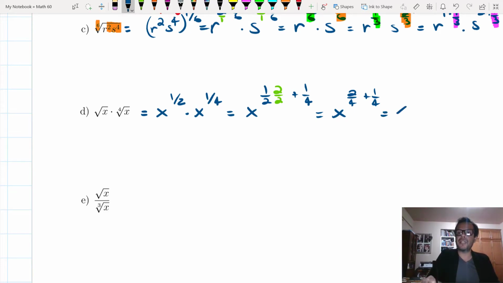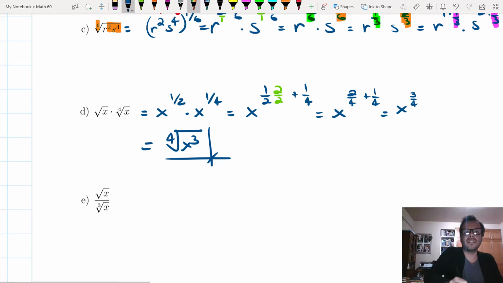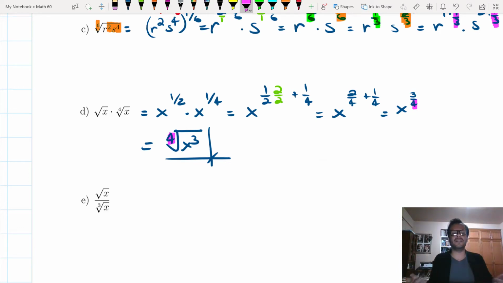That's x to the 3/4. And what are we going to get here? The fourth root of x to the third power. Again, keep in mind that the denominator of the rational exponent is the same as the index of the radical.